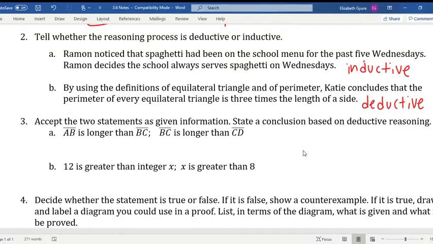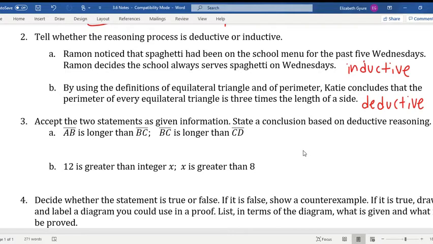For number 3, it says accept the 2 statements as given information. State a conclusion based on deductive reasoning. For part A, it says segment AB is longer than BC and segment BC is longer than segment CD.